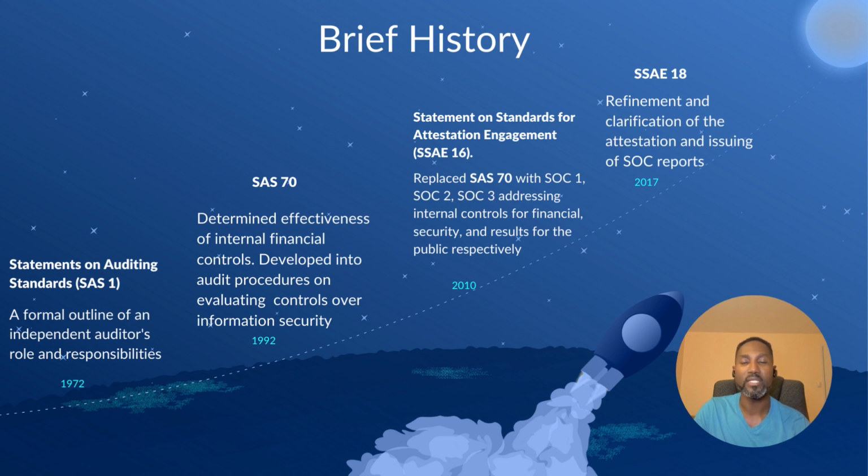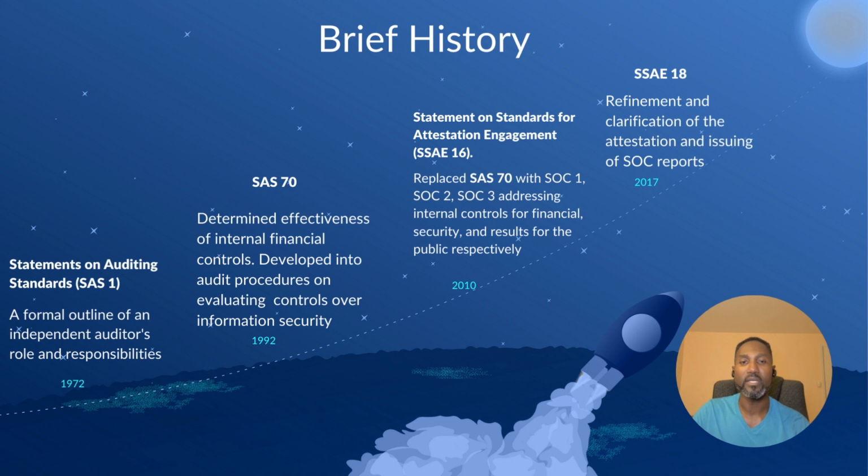Now, 2 decades later, in 1992, the SAS 70 emerged, and this determined the effectiveness of internal controls in relation to financial data. And it developed into audit procedures of evaluating these controls over the information security.